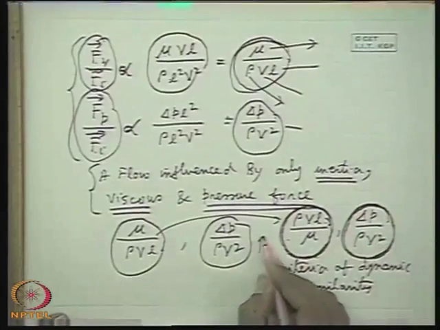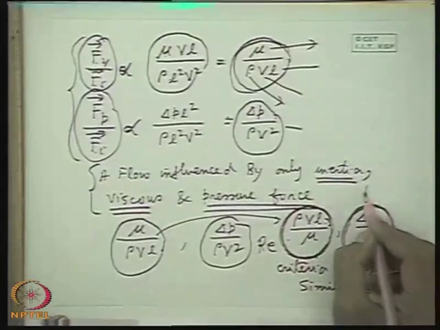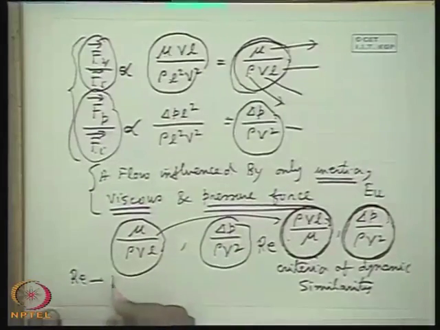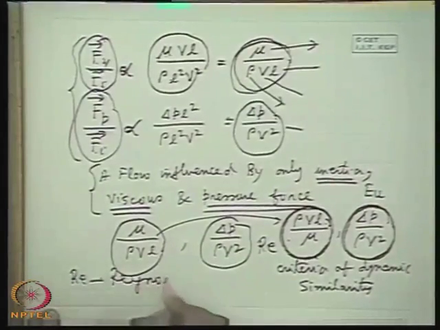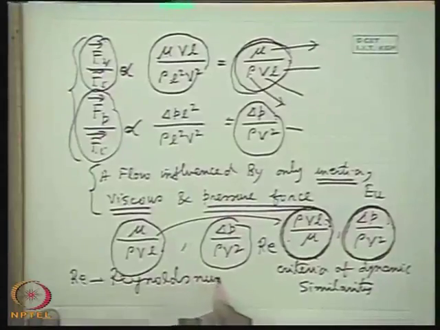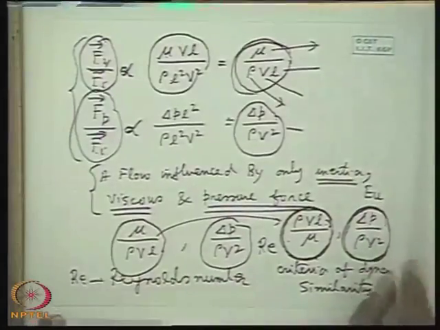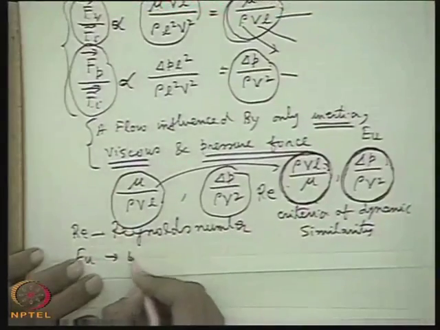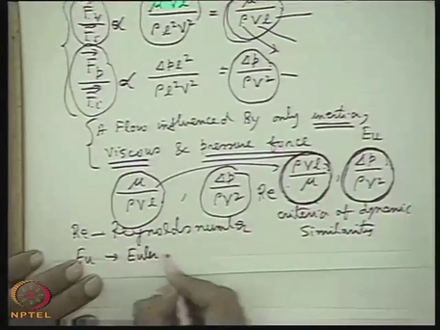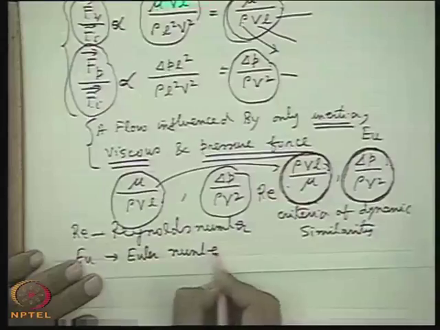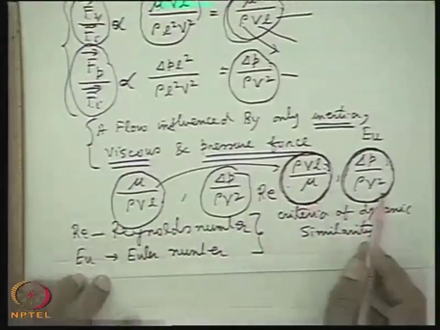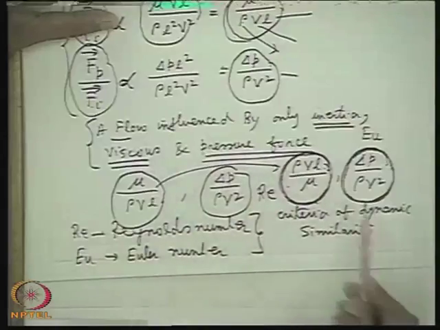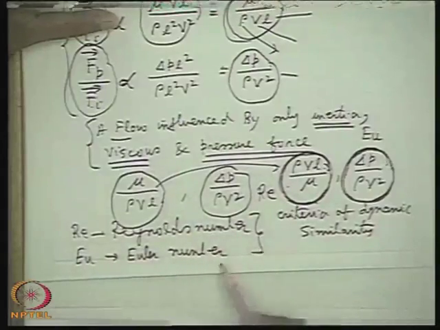This parameter is named the Reynolds number, Re, and delta P by rho V square is known as the Euler number, after the scientist who first discovered it. So in two systems governed by viscous, inertia and pressure forces, the Euler number and Reynolds number have to be the same.